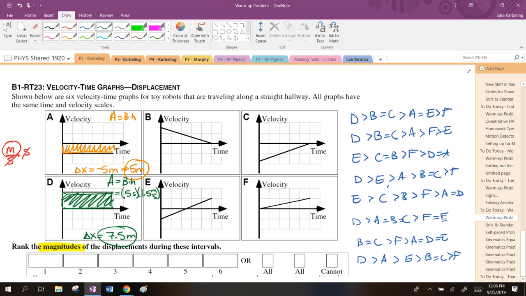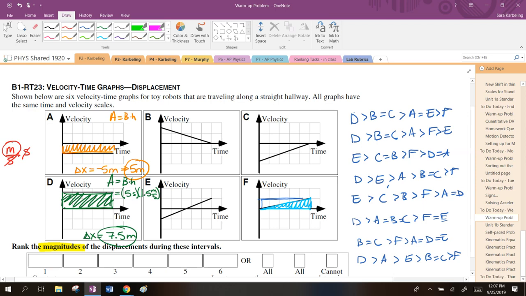Okay? If I want to find the distance or the displacement, we're going to do the same thing. It's the area under the curve again, but now the area, instead of being a rectangle, is a triangle. Friends, do you remember how to find an area of a triangle? If you don't remember, let me give you a cute little hint. It's just like this, except it's only how much of it? Half of it.